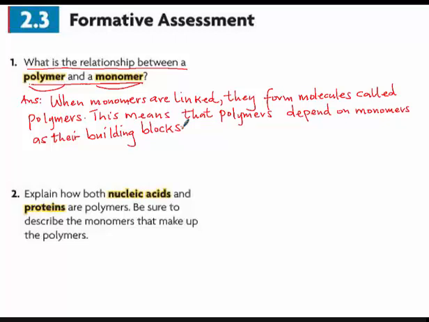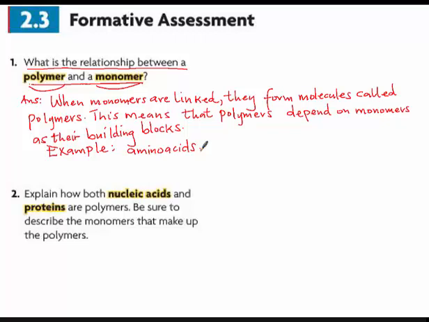So we can cite an example. For example, monomers called amino acids we will link.